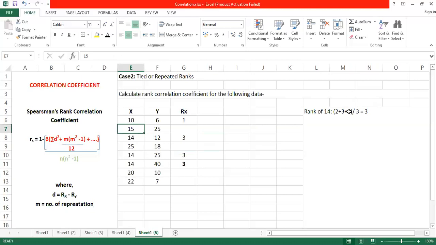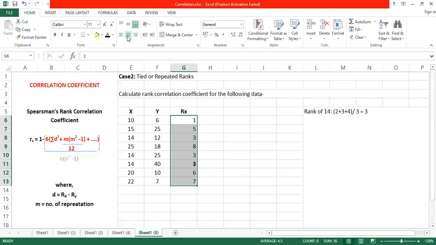So the next rank available for us is 5. Now after 15 it is 20, so it is the 6th rank. Then it is 22, so it is the 7th rank. Finally 25, so it is the 8th rank. Right?